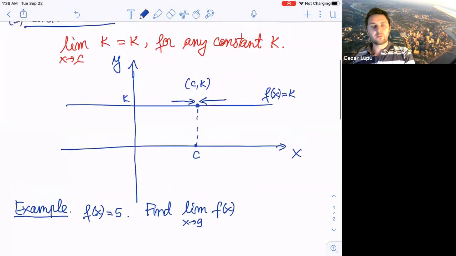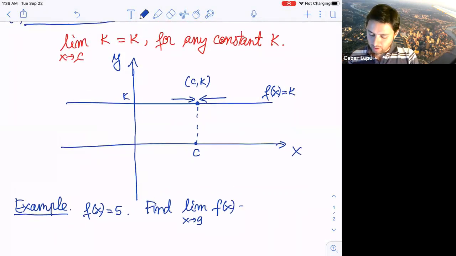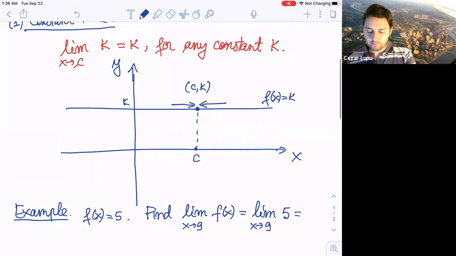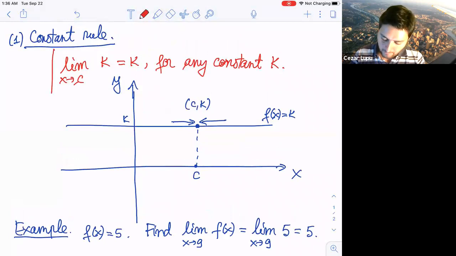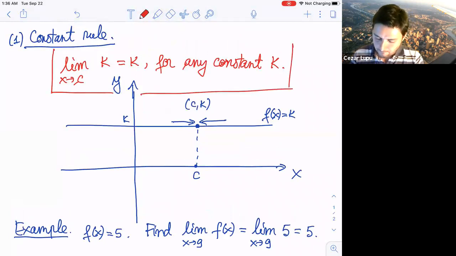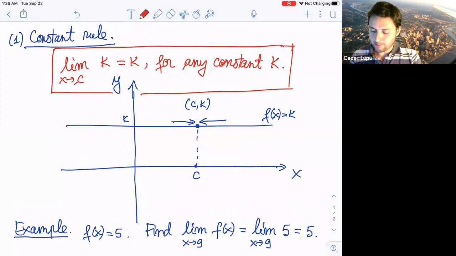Well, as we previously said above, this will be nothing else than just the limit as x approaches 9 of 5, since f of x is the constant function 5. And just look at the rule above. This has nothing to do with x, so this is just the constant 5. Right? Let me box this. So this is very natural. It's common sense, I would say.